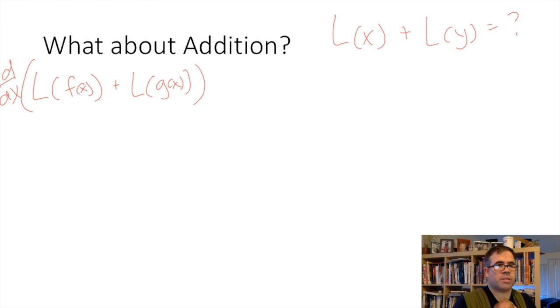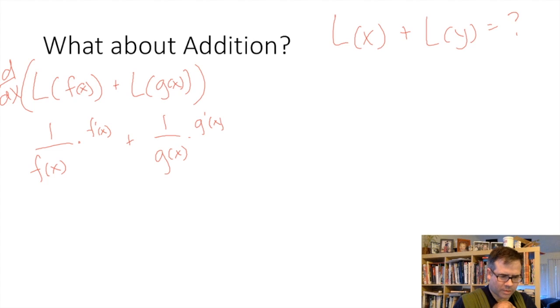The derivative of this is going to be 1 over f of x times f prime of x, and then we have plus 1 over g of x times g prime of x. Okay, well, that's pretty simple and not very illuminating. So one of the things we can do when we're like, this doesn't tell us much, we're adding fractions.